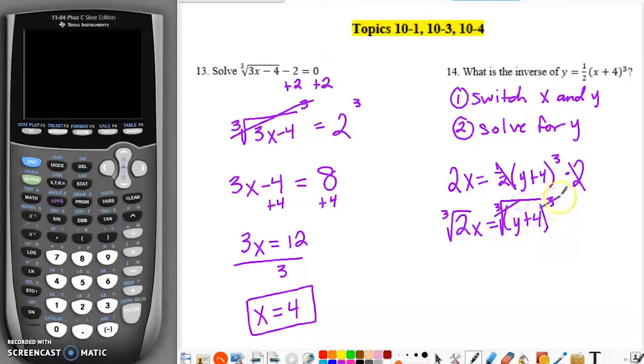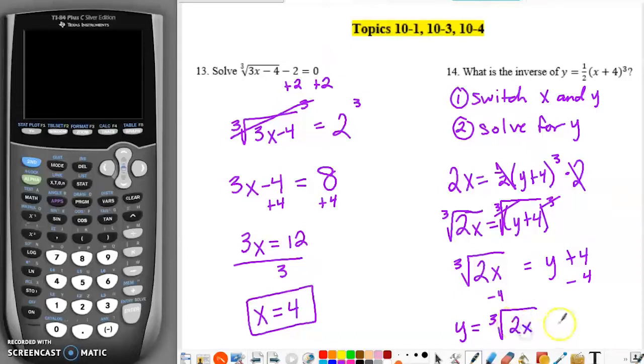And so on this side, those cancel. And so we have cube root of 2x is equal to y plus 4. So I need to subtract that 4 over as my last step. And so we get y equals cube root of 2x minus 4.